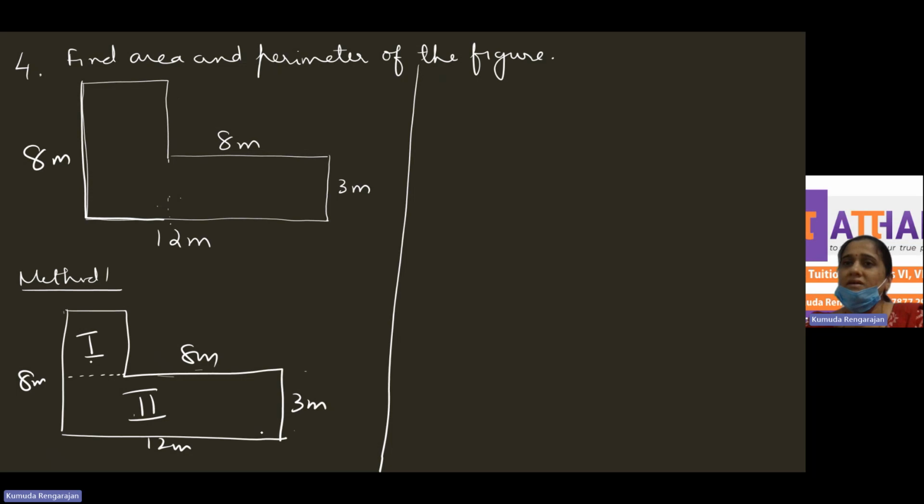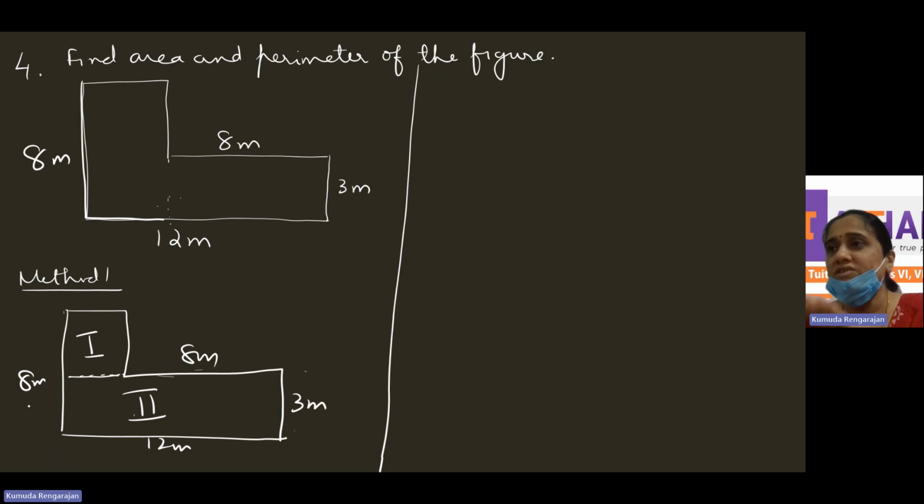The first part can be a square also, but in general you can call it a rectangle. Region 2 is a rectangle. So we have divided the whole figure into 2 rectangles by connecting this line segment.